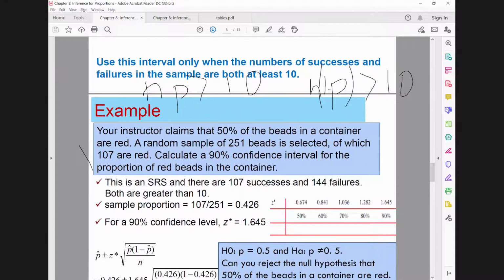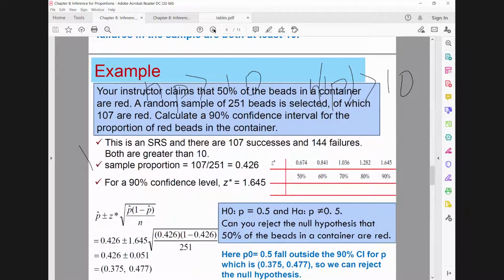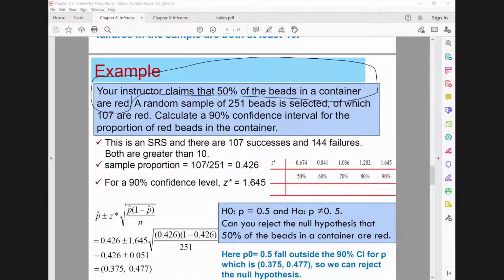This is an example, where we try to apply this formula. Your instructor claimed that 55% of the beads in the container are red. That means the instructor predicts that about half of the pieces are red.